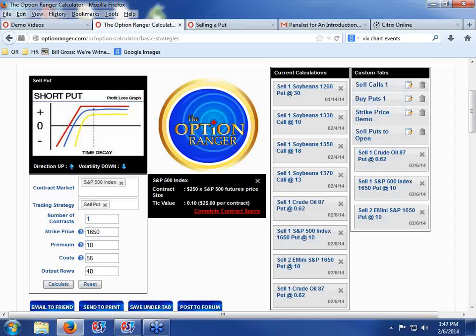So this person thinks that the market is going to stay above, the S&P is going to stay above 1,650, above 1650. It is presently at 1767. So it would take another 117-point drop in order for this option to go intrinsic. Of course, at this moment we're at 3:47 p.m. on February 6th on Thursday.